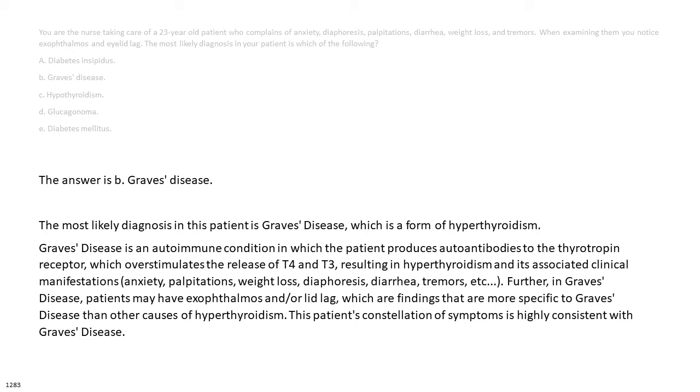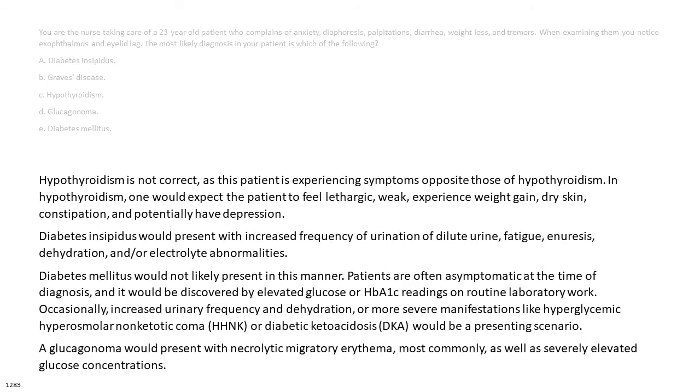Further, in Graves' disease, patients may have exophthalmos and/or eyelid lag, which are findings that are more specific to Graves' disease than other causes of hyperthyroidism. This patient's constellation of symptoms is highly consistent with Graves' disease. Hypothyroidism is not correct, as this patient is experiencing symptoms opposite those of hypothyroidism.